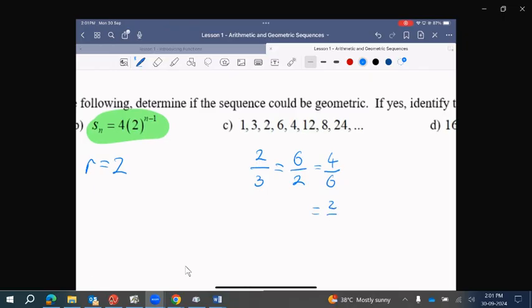This one's 2 over 3, this one's 3, and this one's 2 over 3. So it's not quite. If we take these two they give us a 2 over 3, and these two give us a 2 over 3, but 6 and 2 don't. So it's not.